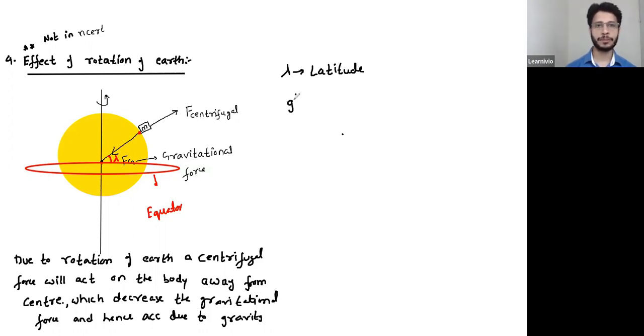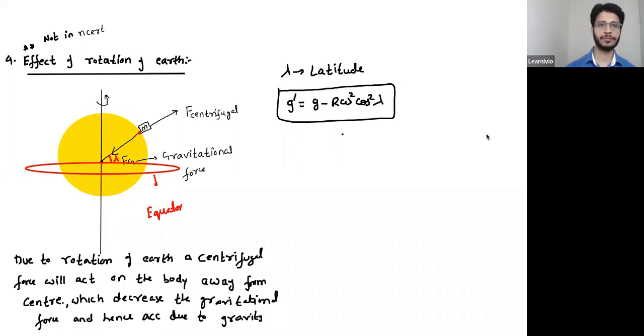So the expression for acceleration due to gravity is g prime is g minus R omega square cos square lambda. This g is the same value, it's 9.8 meter per second square. This omega is angular velocity of rotation.